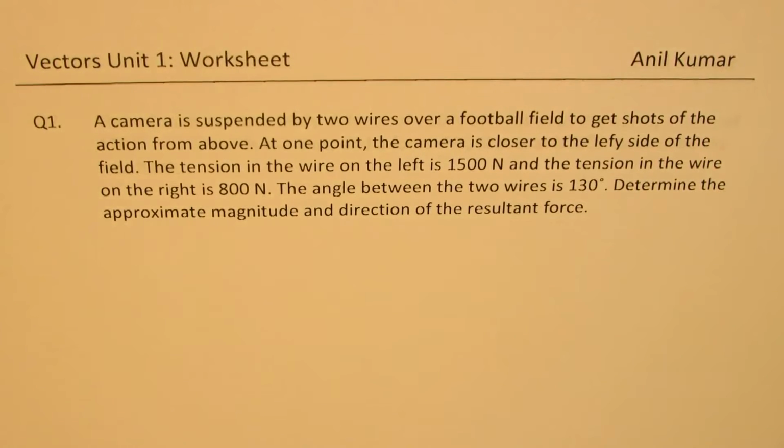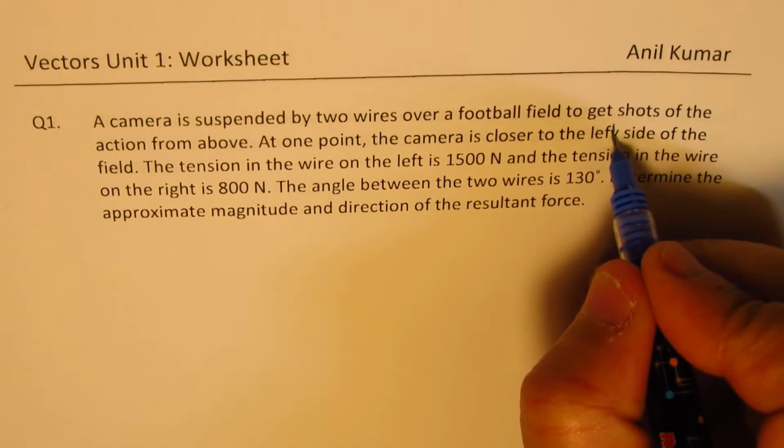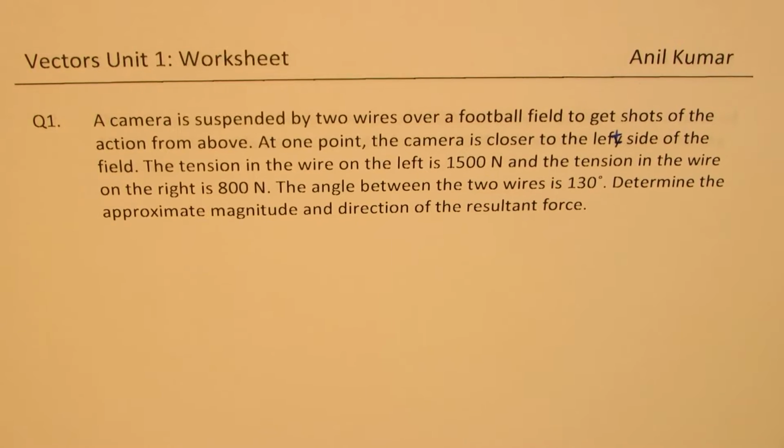The very first one is, a camera is suspended by two wires over a football field to get shots of the action from above. At one point, the camera is closer to the left side of the field.